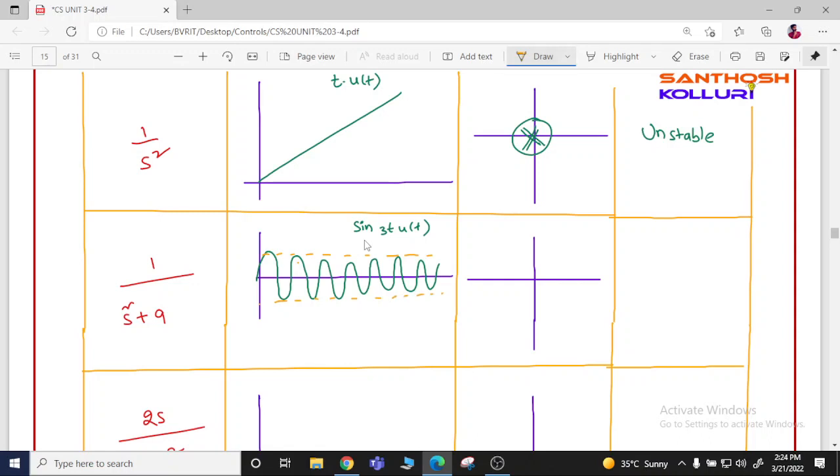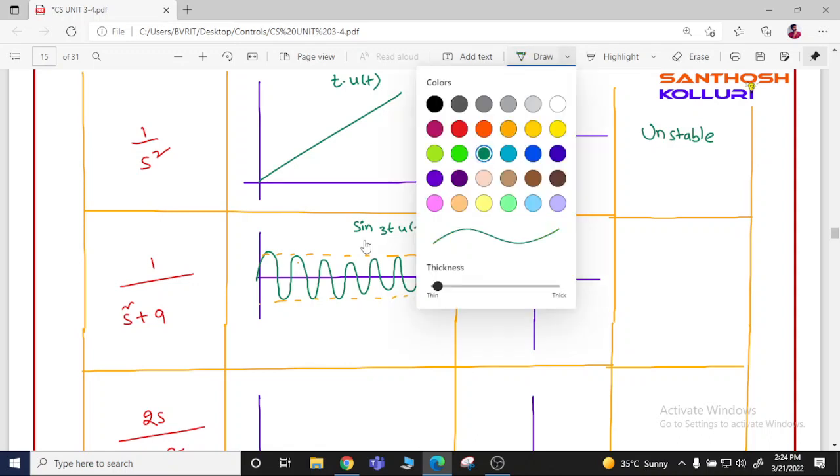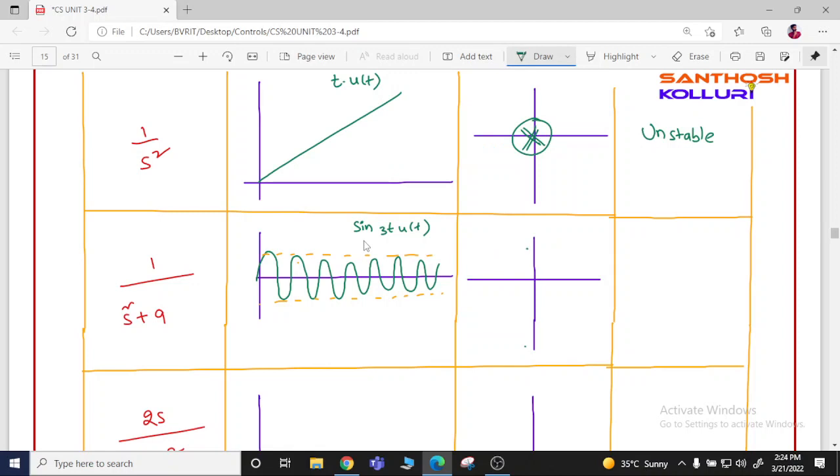The waveform which is having continuous oscillations is a marginally stable system, and the roots are lying at plus or minus 3j, and the system is marginally stable. It's a sine wave.